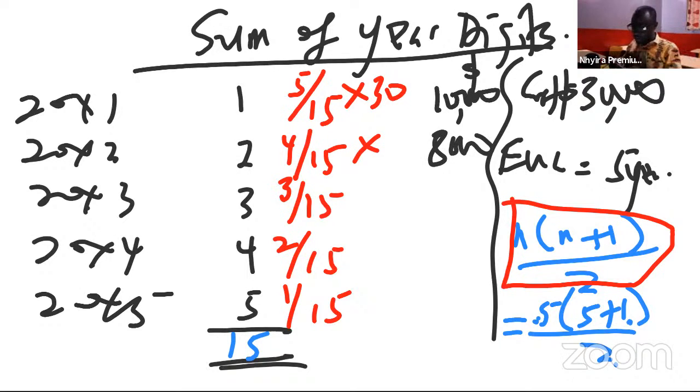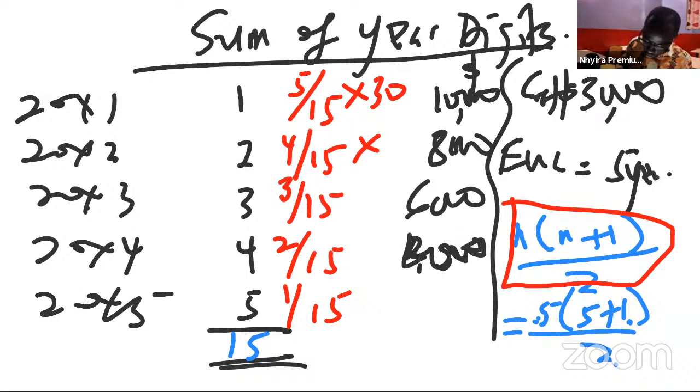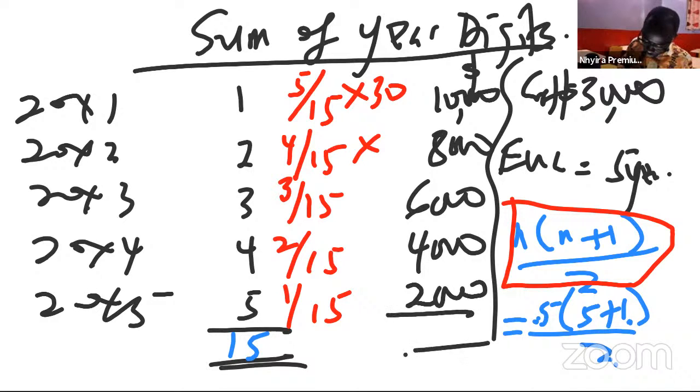Then we have 3 over 15, which should be 6,000, and it will follow in that order. 6,000, 4,000, and then 2,000. And that will add up to what? The 30,000.